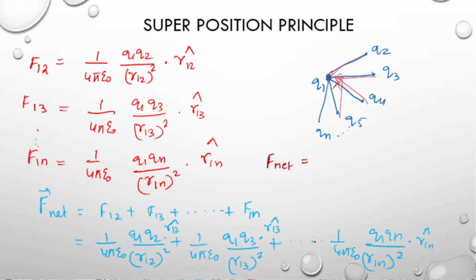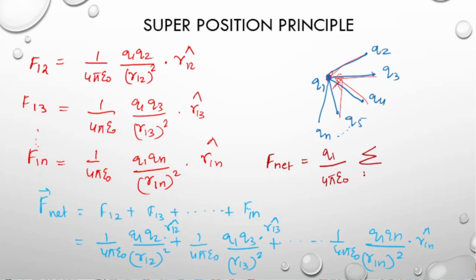And if you see, Q1 is also common everywhere. So can you take Q1 common outside? Q1 common outside. So Q1 by 4 pi epsilon naught, I am taking common outside. And now I am going to do the summation.